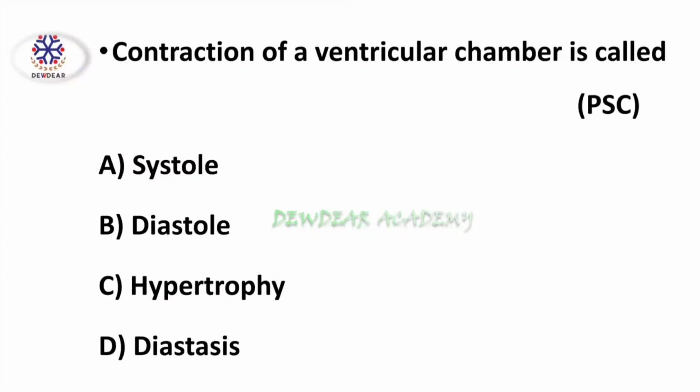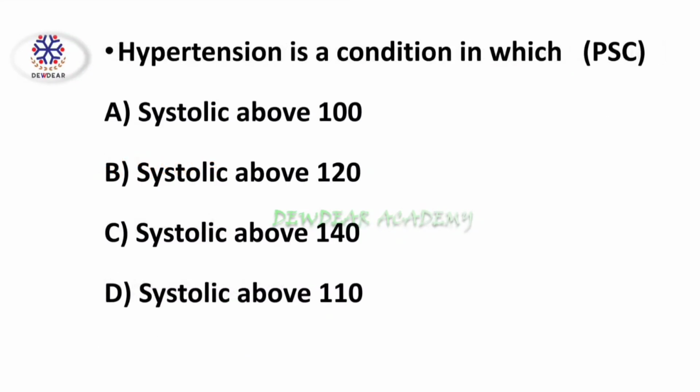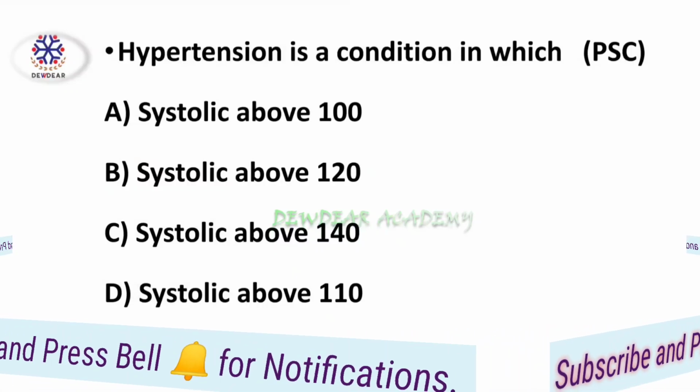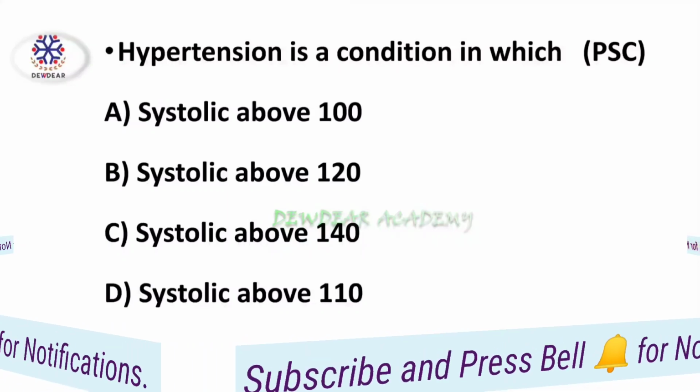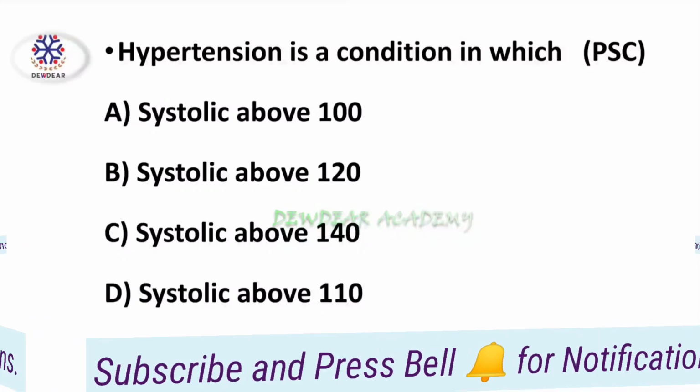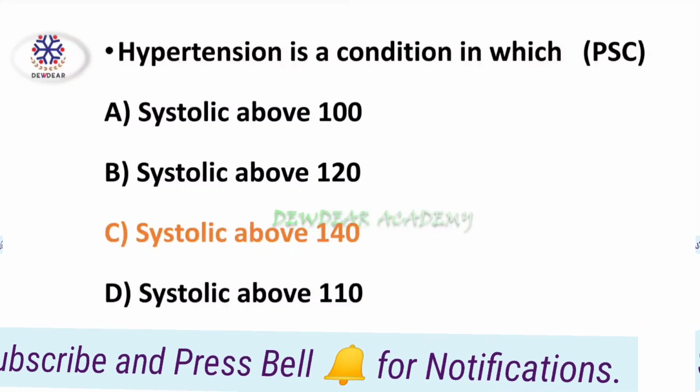The correct answer is systole. Next, hypertension is a condition in which the systolic is above 100, above 120, above 140, above 110. Here the correct answer is systolic above 140.